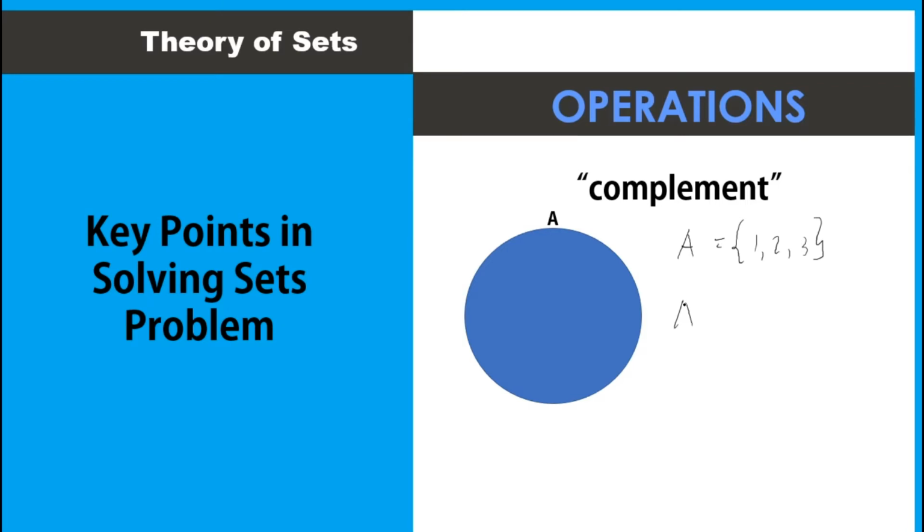The complement of A is all numbers except 1, 2, and 3. Basically, those are the elements that are not contained in a given set.